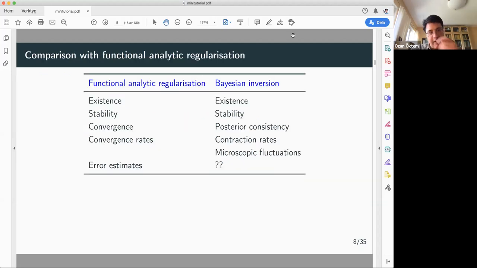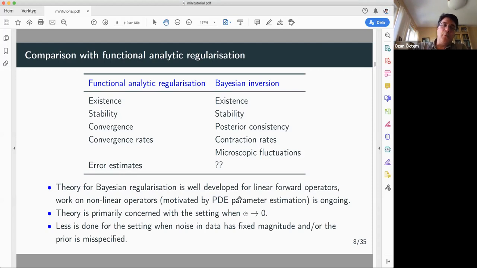Okay, but I will be leaving the theory in the sense that this is just a summary, essentially a translation table between the functional analytic notions of regularization and those from Bayesian inversion. And to summarize, there's a lot of nice, beautiful work done in Bayesian regularization. It's, I would say, fairly well developed for linear inverse problems or linear forward operators. And there's a lot of ongoing work for non-linear forward operators, typically motivated by PDE parameter estimation.